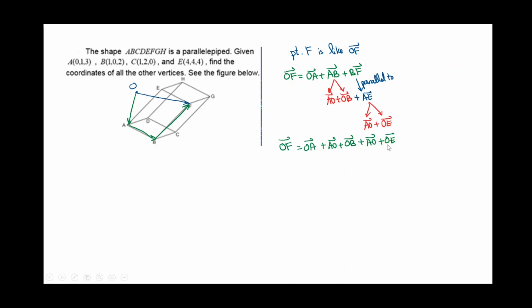So here's the result with everything. And remember, this first one, OA, is ready to be used with the coordinates of the points, but A to O is incorrect still. So we want the tail to be at the origin. So you would rewrite this one by swapping the order and that one over here. These end up canceling.